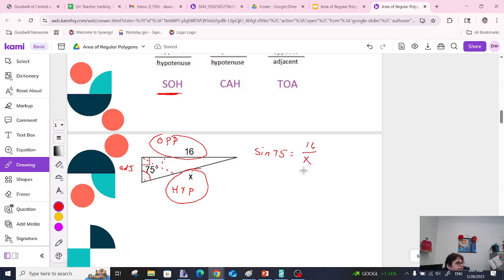X is in the bottom, so you may notice the pattern that you end up dividing, because when I cross multiply, I get x sine 75 is equal to 16. So I have to divide by sine of 75.